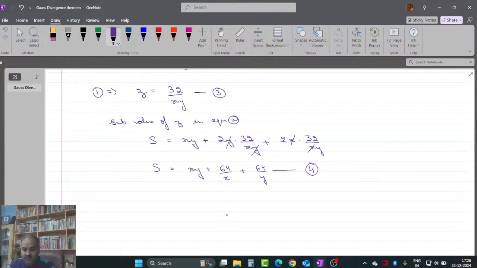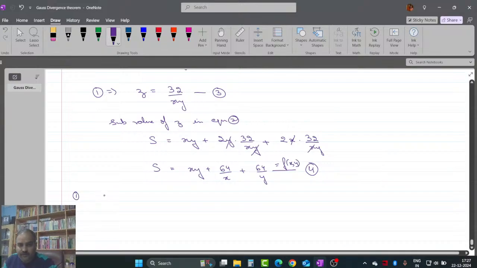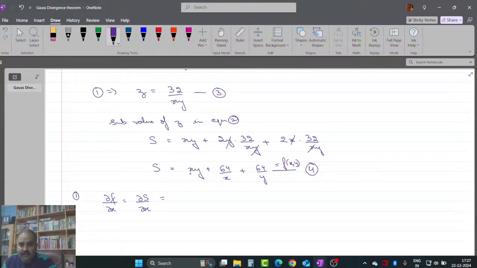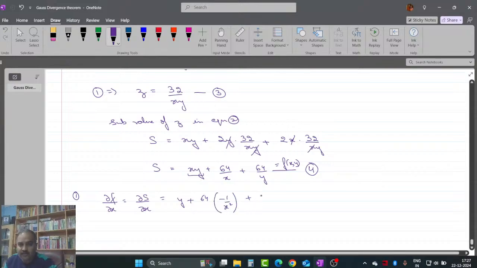I need to find the surface area for this part and let it be equal to f of xy. Okay, so the very first step was to find curly f by curly x, that means curly s by curly x. So derivative of this part with respect to x will be y. For this one 64 as it is. Derivative of 1 upon x will be minus 1 upon x square. Derivative of 1 upon y will be 0.